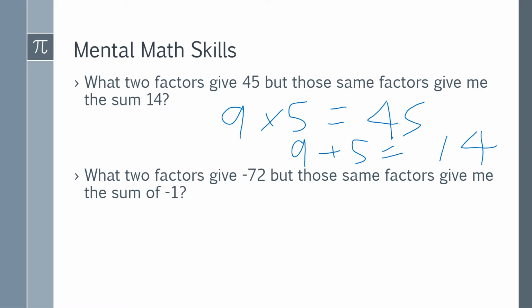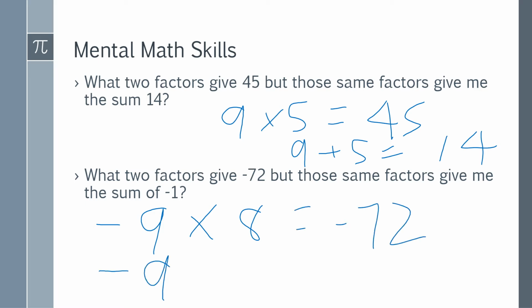When we say what numbers give me negative 72, but we use them to find a sum that gives you negative 1, that should be negative 9 times 8. That gives you negative 72. But when we add them together, negative 9 plus 8 gives me negative 1. Right?